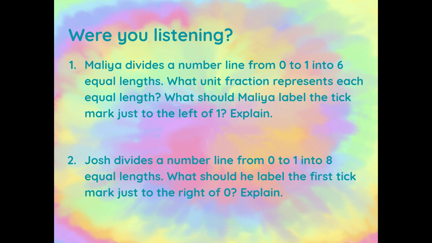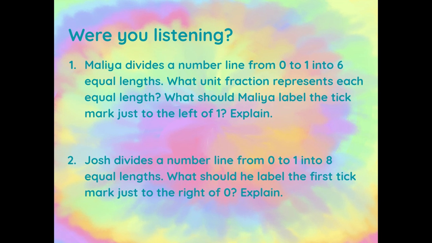And 6/6 is equal to 1. Okay? All right, what should Malia label the tick mark just to the left of 1? Well, I know that the fraction that is equal to 1 is, in this case, 6/6. So the fraction right before that would be 5/6.